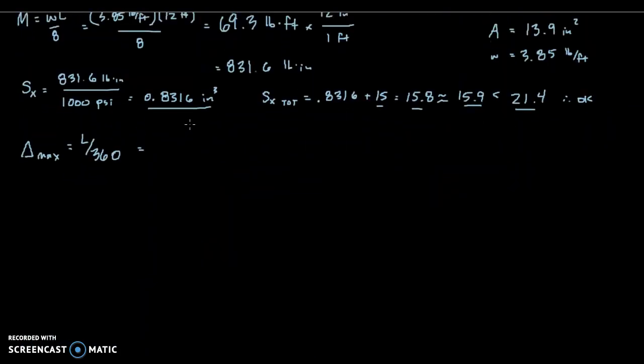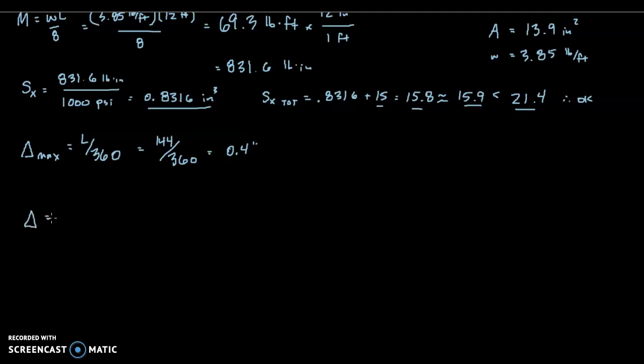So if I take my 144 inches divided by 360, that is equal to 0.4 inches. So we don't want our beam to deflect any more than that.